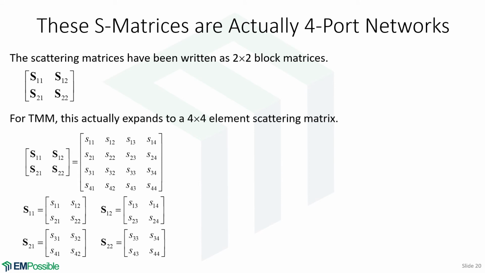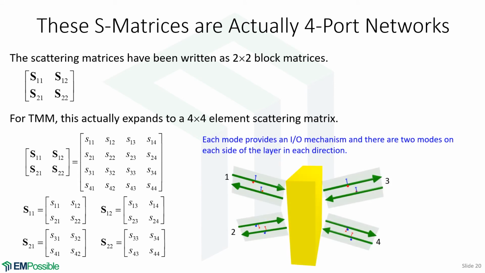Well, it turns out that we actually have a 4-port network. And this is how it works. What we were calling port 1 actually has 2 ports because remember there's 2 possible electromagnetic modes, and each one of those can have a forward and a backward wave. So we have 2 modes on the left, 2 modes on the right.